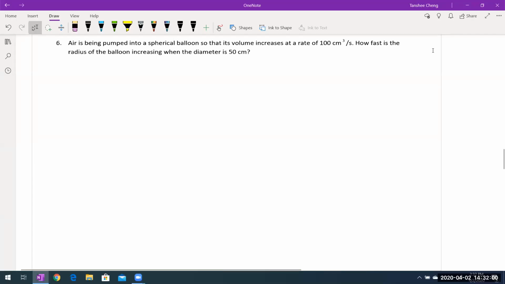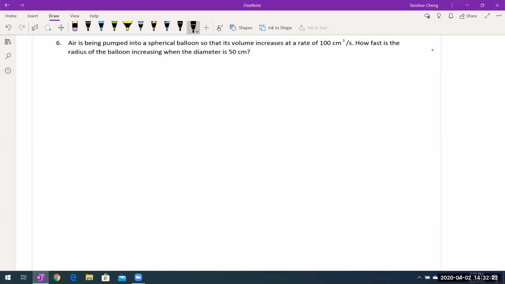So example 6: air is being pumped into a spherical balloon. The volume increases at the rate of 100 centimeters cubed per second. Now it's asking how fast the radius of the balloon is increasing when the diameter is 50 centimeters.